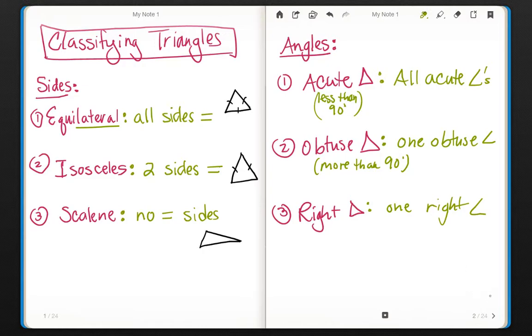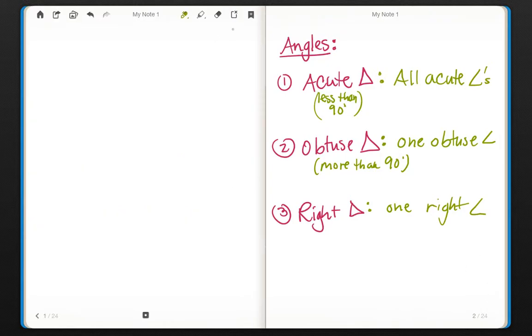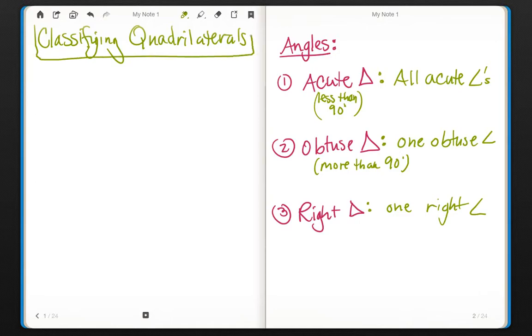Now let's talk about classifying quadrilaterals. Oops, left the A out. Let's try that again. Quadrilaterals. Now, again, hopefully you see that word lateral inside the name of quadrilateral.